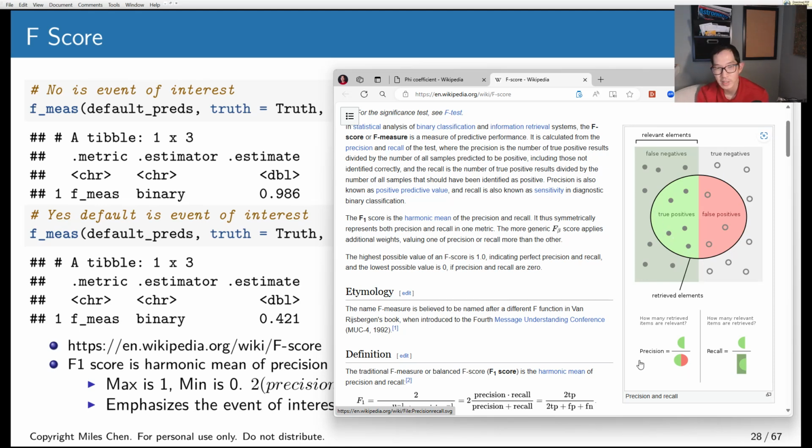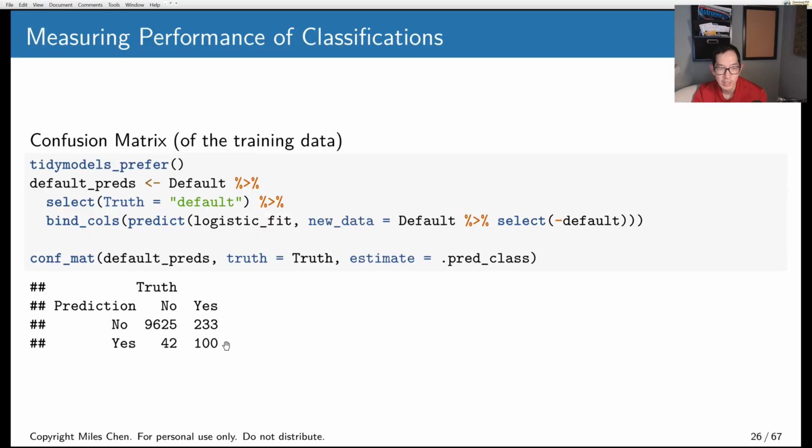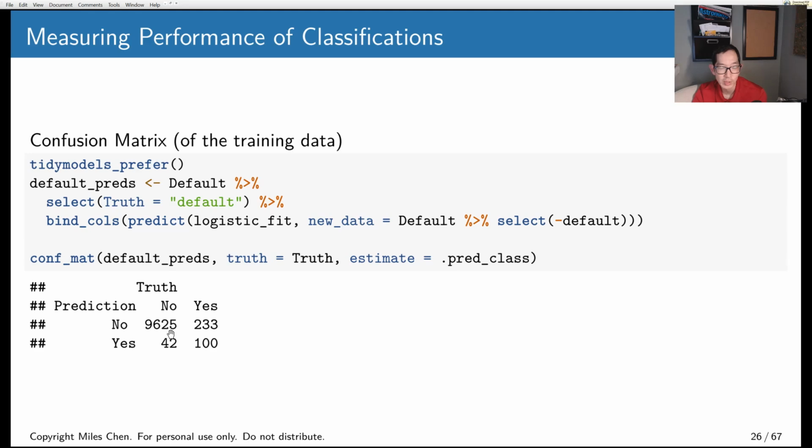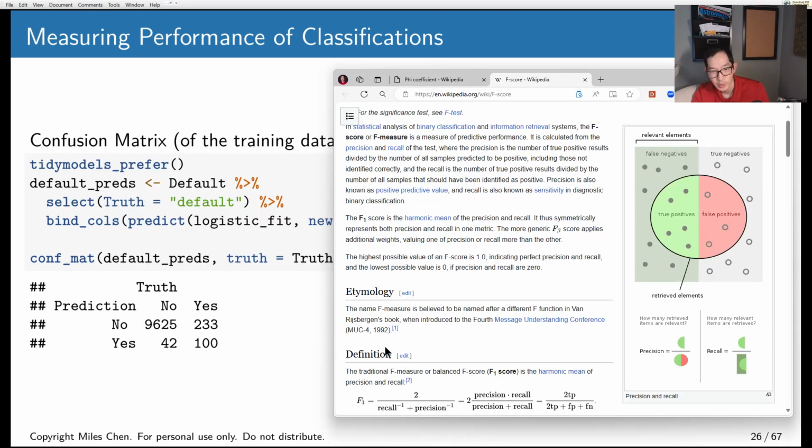Okay, this is kind of known as your sensitivity. Basically, how often did you detect that somebody is actually going, I guess in our case, no being the event of interest, will not default. How many people will correctly pay things back, okay, out of everybody that you identified as no.